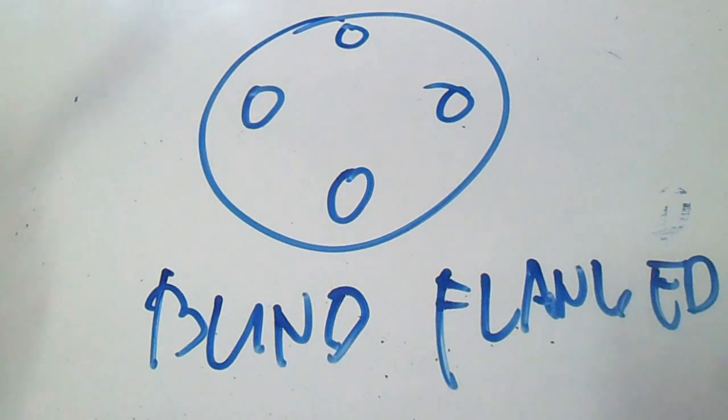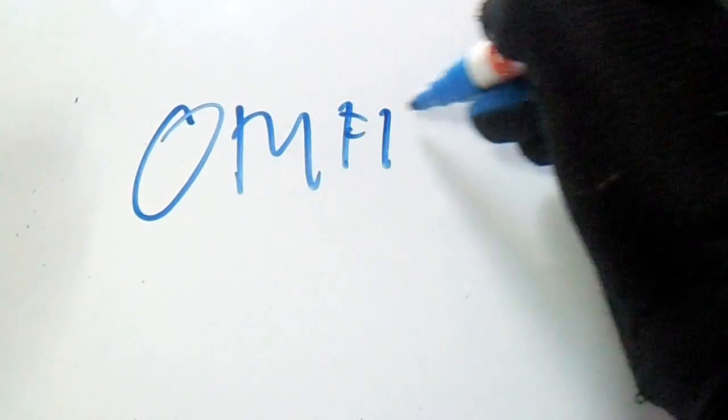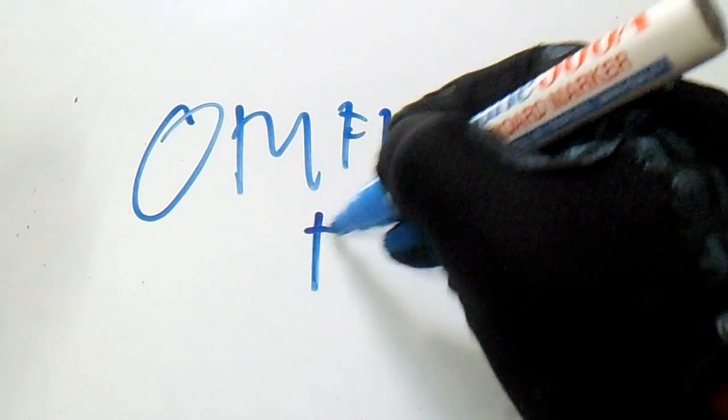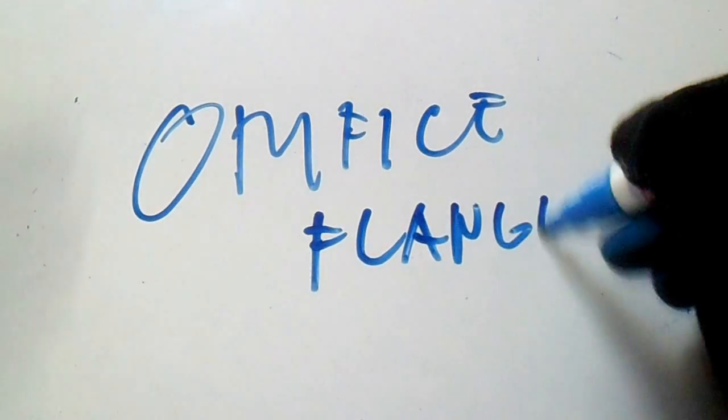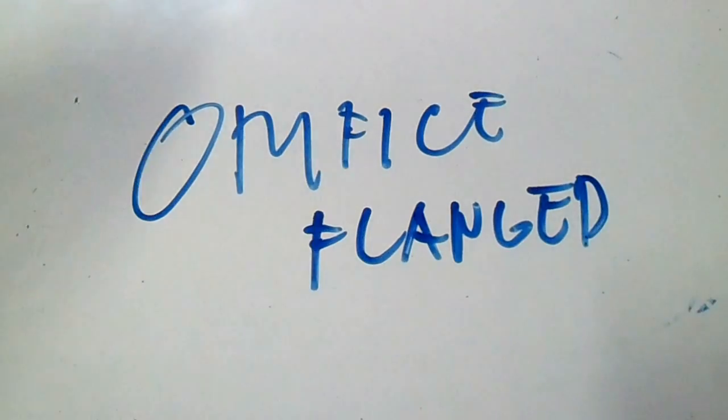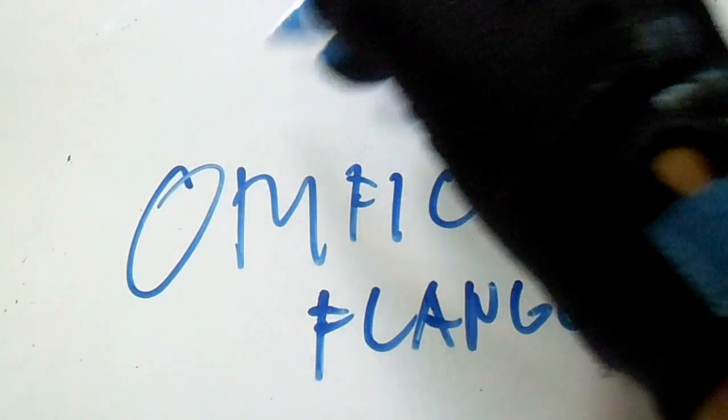Next we have also the orifice flanges. Okay, so for the drawing of the orifice flange, let's say this is 5.